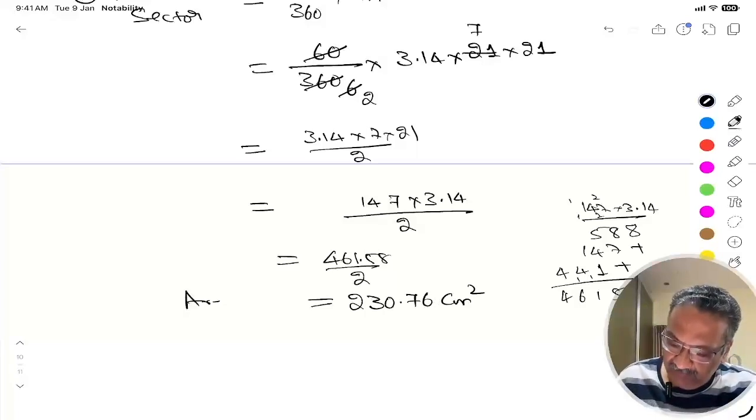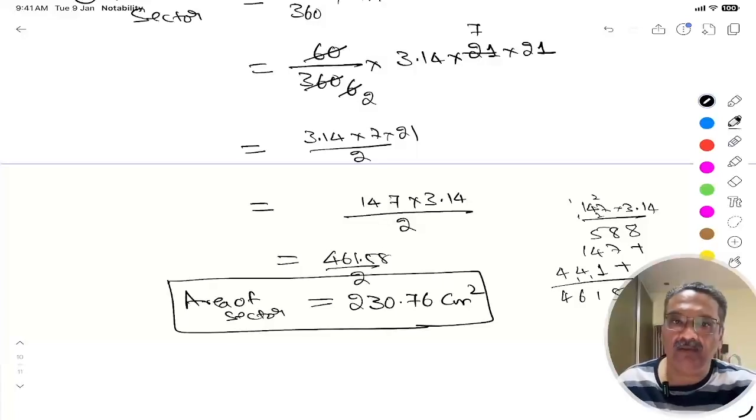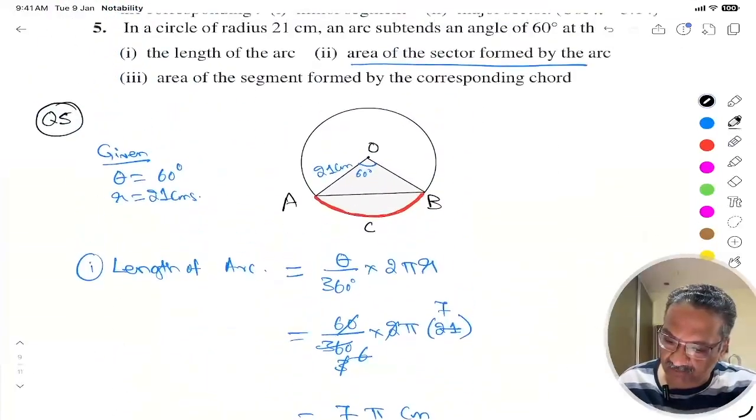This is the area of the sector. Okay. Alright, now what is the third portion they have asked?